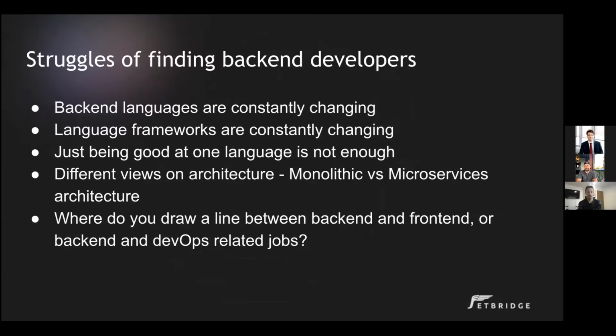One of the first things is there are so many backend languages and they are constantly changing. I know, is Adam here? I don't see him, but he was one of the front-end people, or at least I think he's more in the front-end. And you can tell that in front-end you also have many different, not really languages, but frameworks.